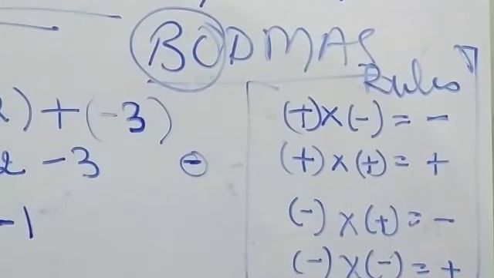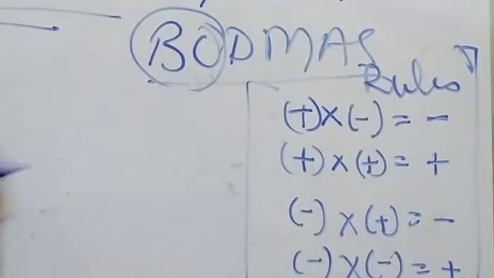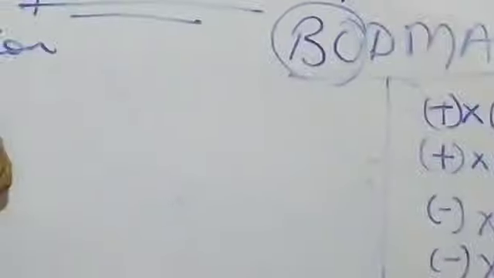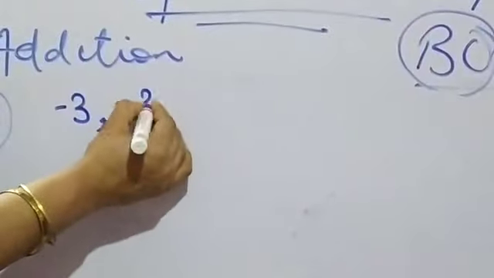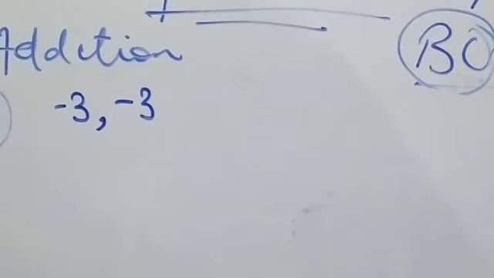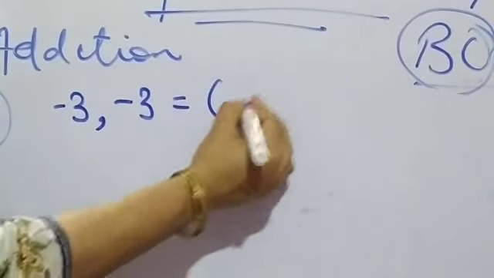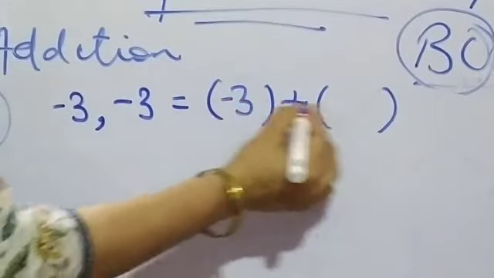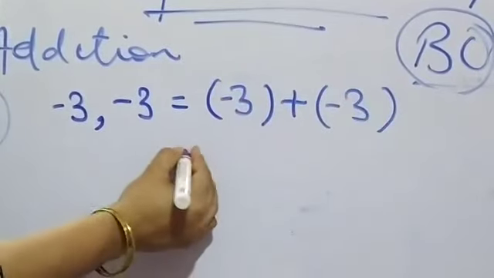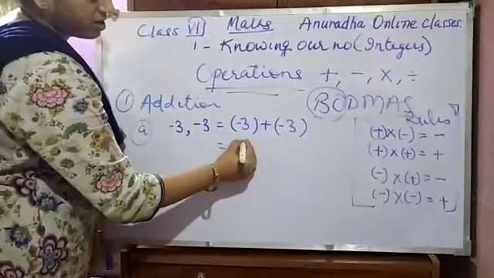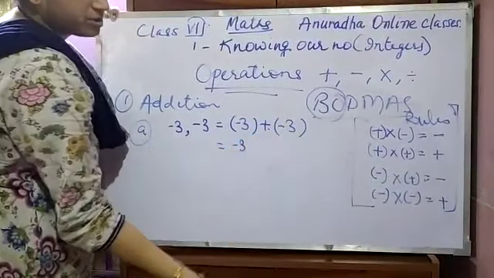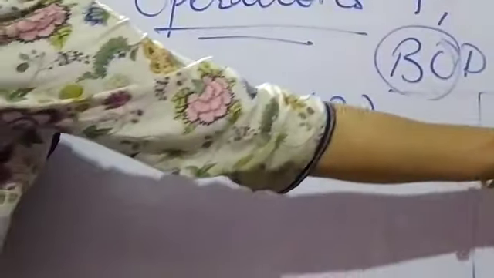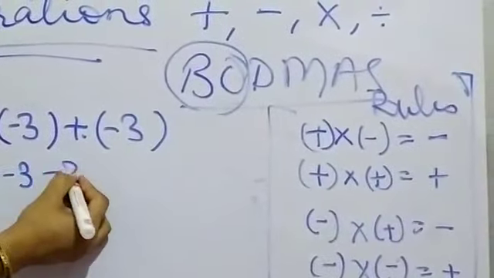Then now take one more example. Suppose we have taken both negative numbers, minus 3 and minus 3. Bracket, I told you. Minus 3 plus minus 3 is equal to minus 3 plus minus 3. Plus minus is minus.